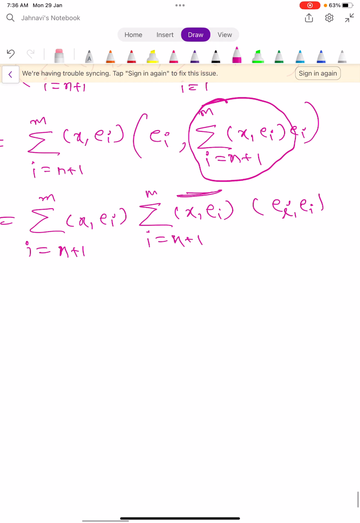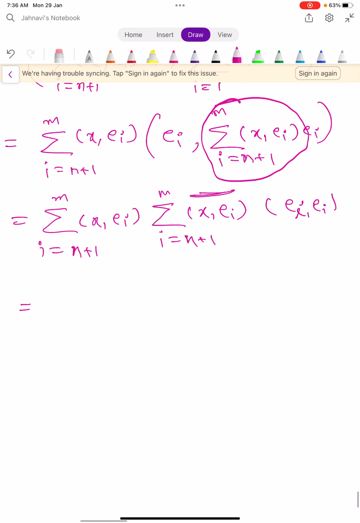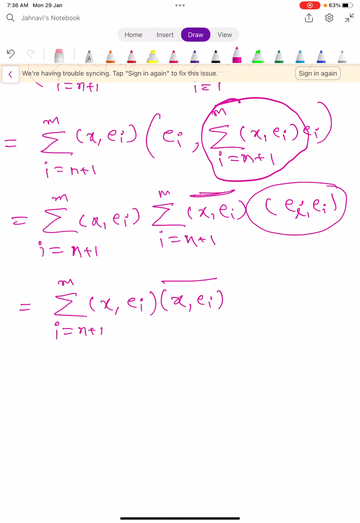So again it can be written as summation over i equals n plus 1 to m inner product of x comma ei into the bar of inner product of x comma ei, because the summation runs over the same elements, and this inner product of ei comma ei is equal to 1, no need to write that term. So which is equal to summation over i equals n plus 1 to m inner product of x comma ei.